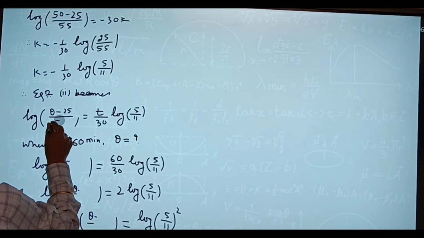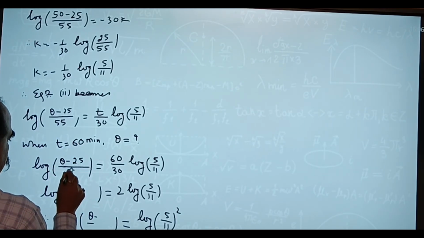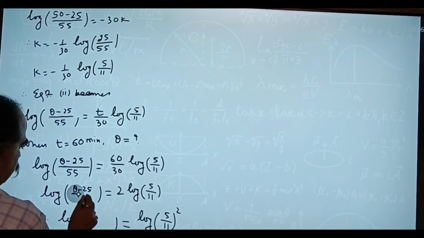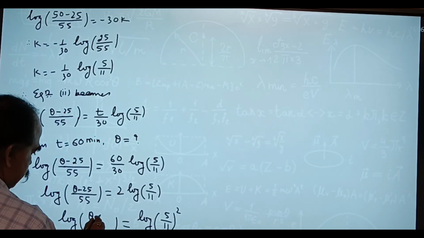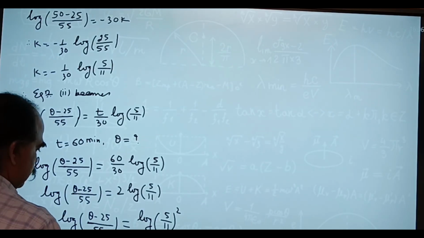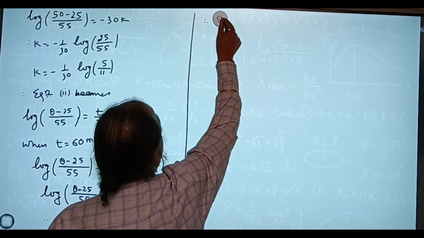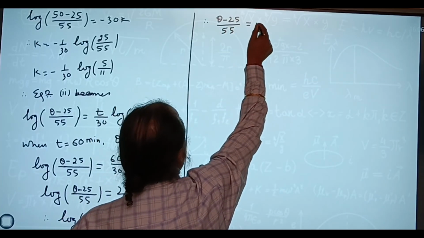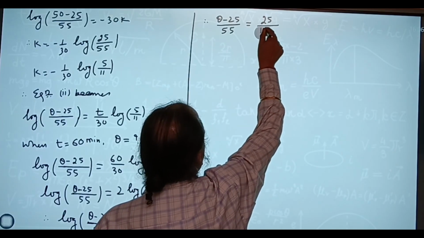So theta minus 25 upon 55 is equal to 25 by 121.